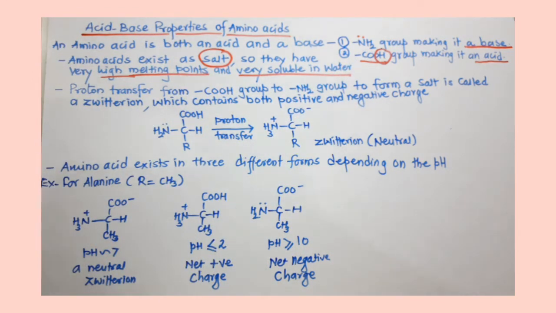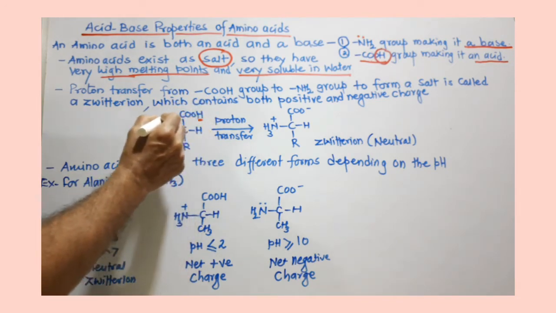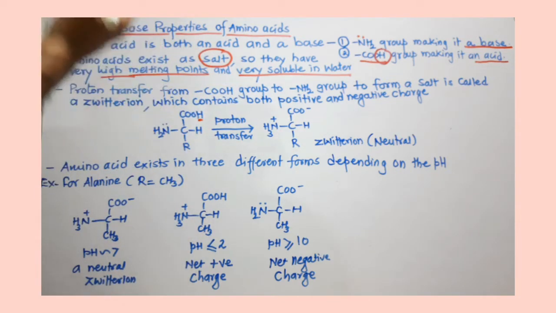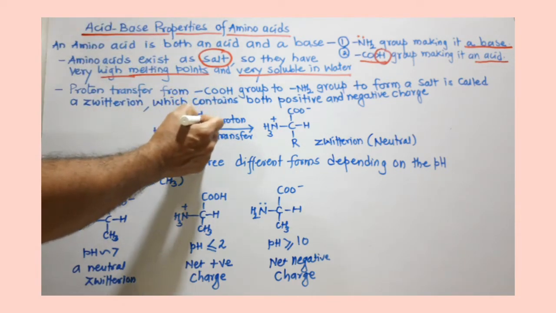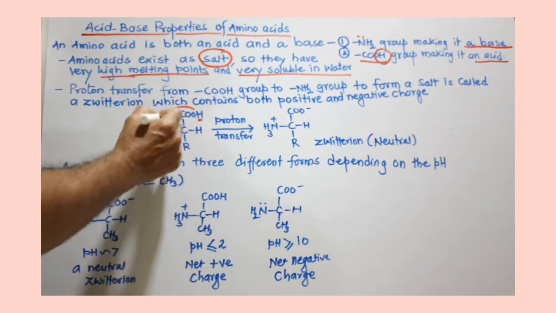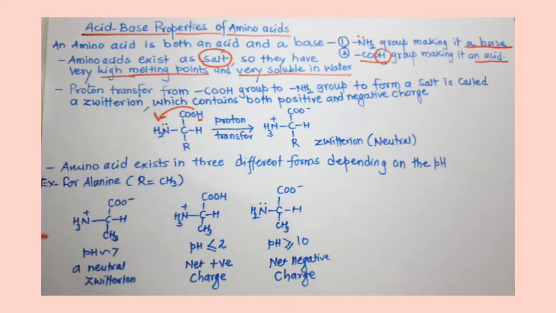What happened here? In the amino acid, the acidic group and the basic group are very close and present in the same molecule. H is transferred from the COOH group to the NH2, and this H now forms a bond with the nitrogen by using the lone pair.